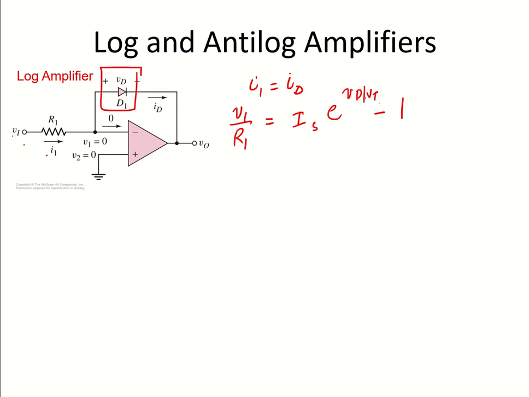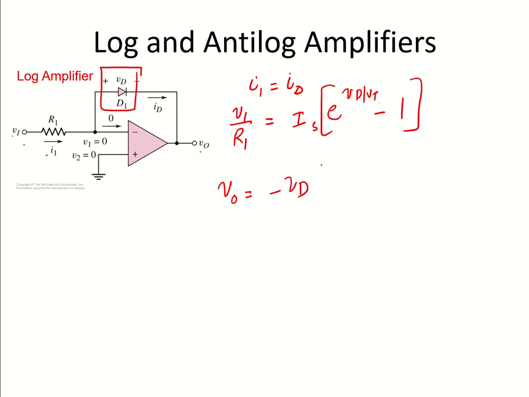This is the formula for ID. And what is the output voltage? This is just the voltage drop across the diode, minus Vd.